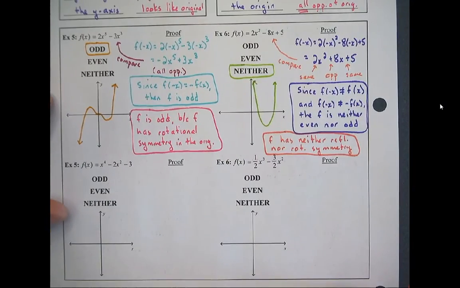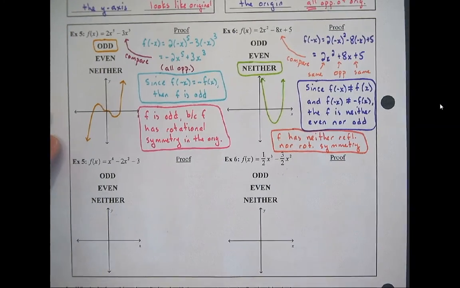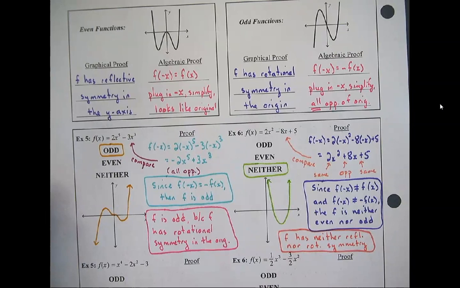You don't have to do both of these, just as a reminder. You do not have to do both of these. You can choose which one you want to do. Maybe I should write that at the top.